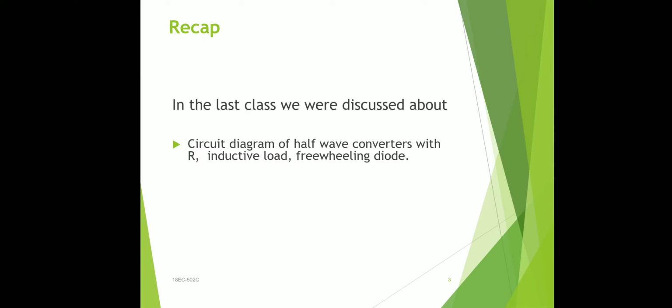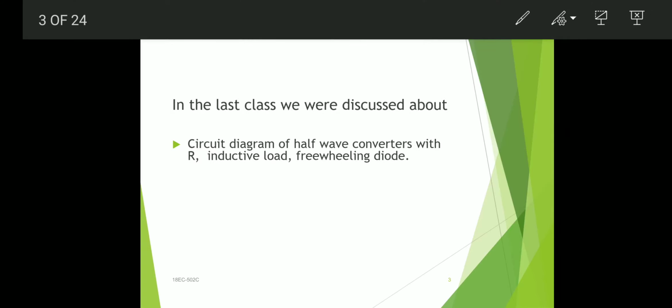What is the difference between the resistive load, the inductive load, and using a freewheeling diode? In the resistive load, the signal will be 0 after pi radians. Whereas in the inductive load, we get a negative output voltage after pi, until the second negative cycle.